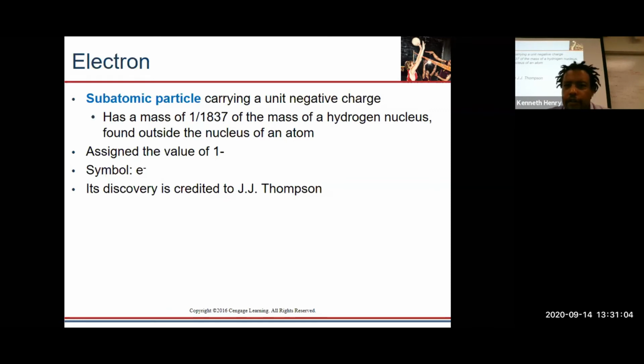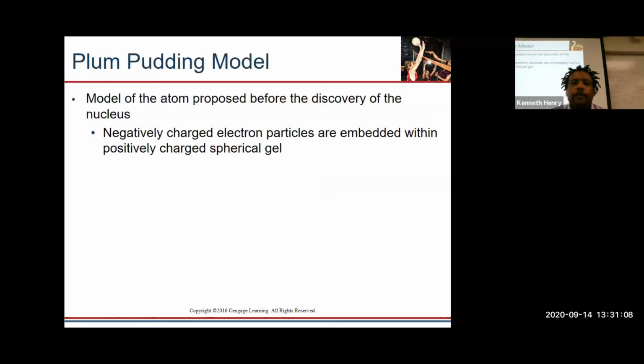Are you guys getting me so far about the electron? Okay. So Thomson discovered the electron, but he couldn't quite understand the relationship of the electron and where the proton was at. Jennifer kind of alluded to it earlier, that you have the proton in the center and your electrons orbiting around it, right?